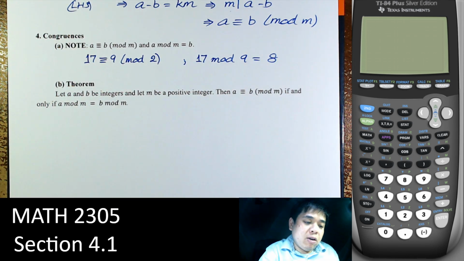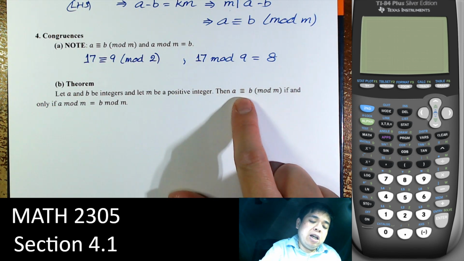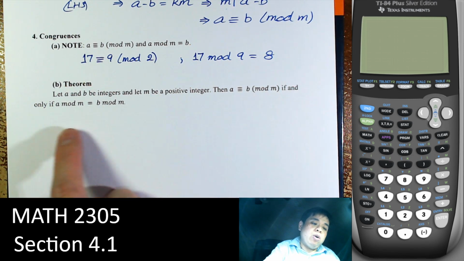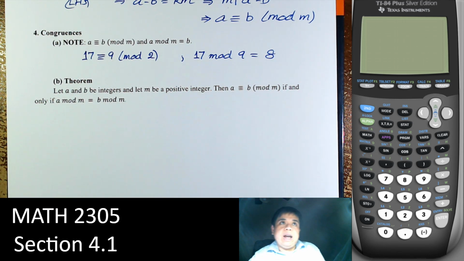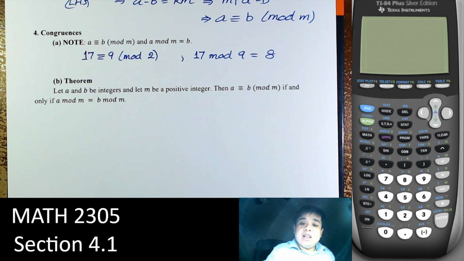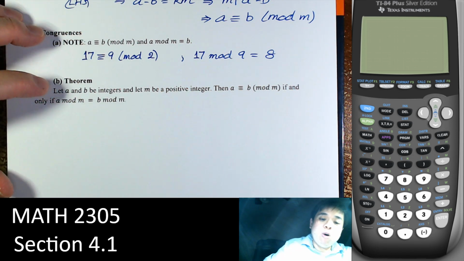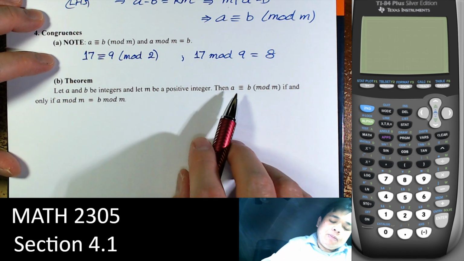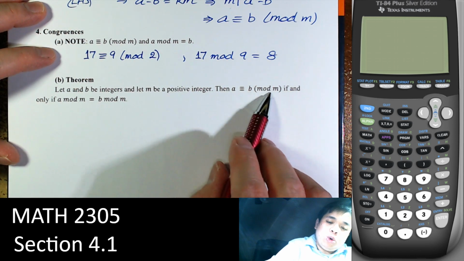Now let a and b be integers and m be a positive integer. a is congruent to b mod m if and only if a mod m is equal to b mod m. Once again, it's an if and only if, so we have to prove both sides. Now let's say a is congruent to b mod m.